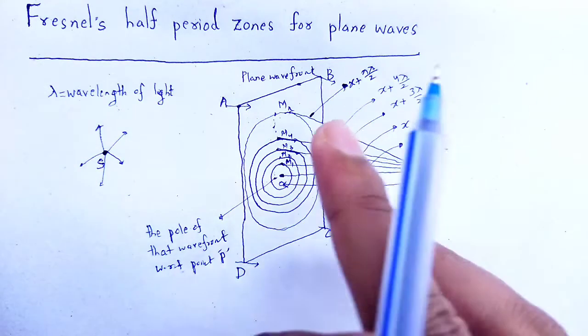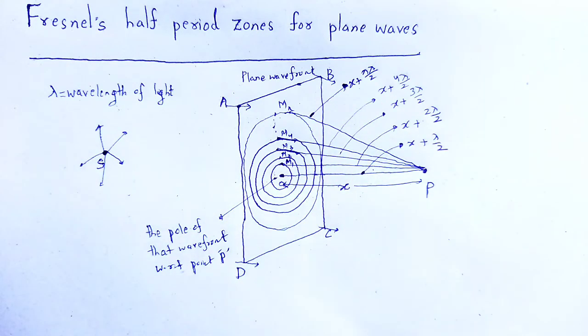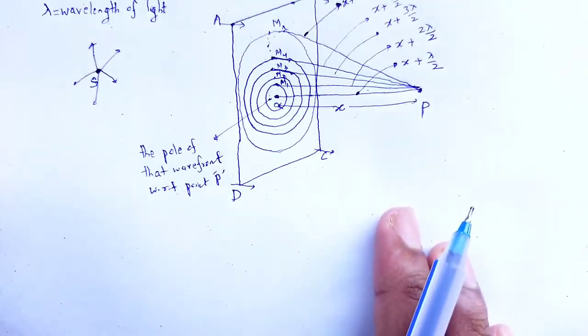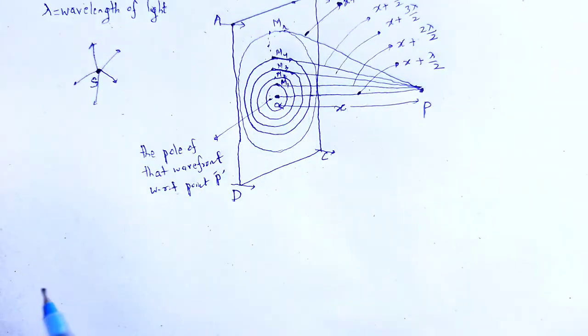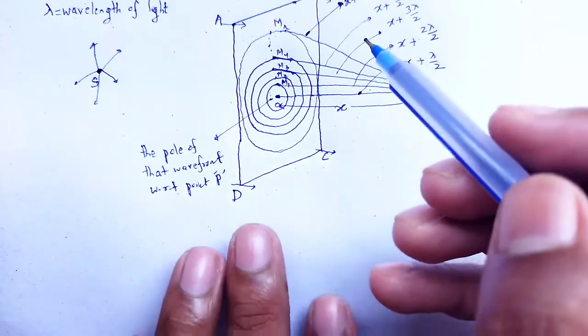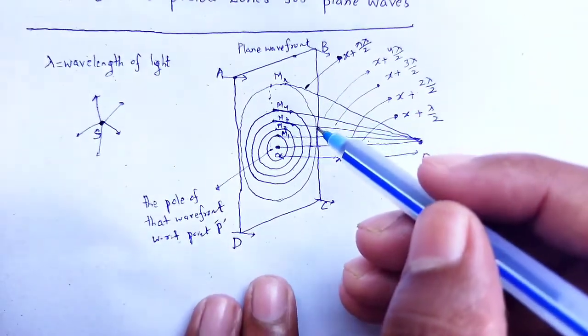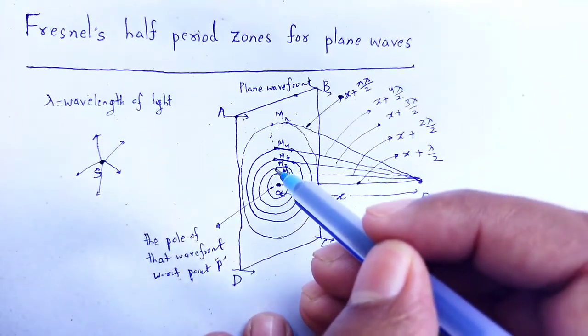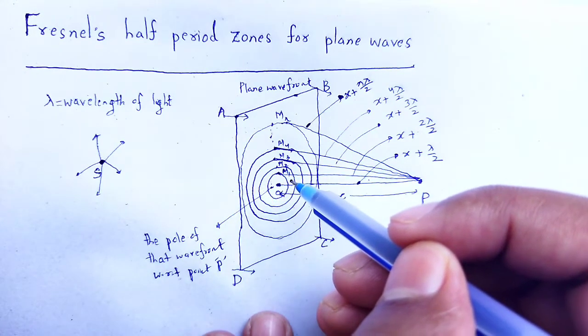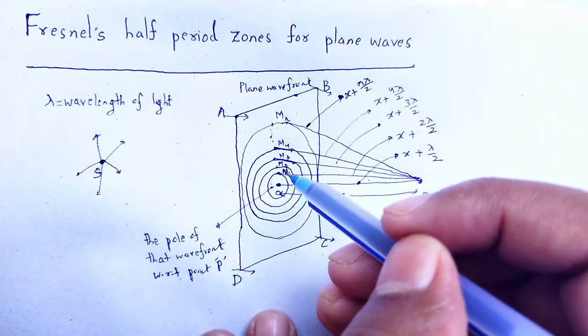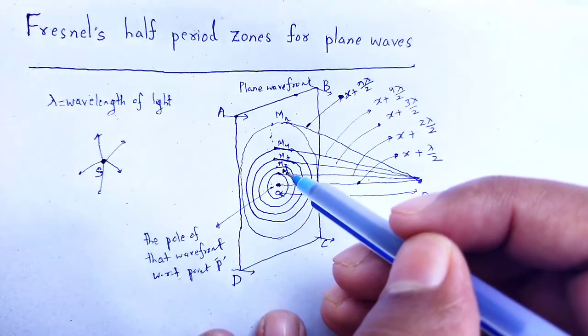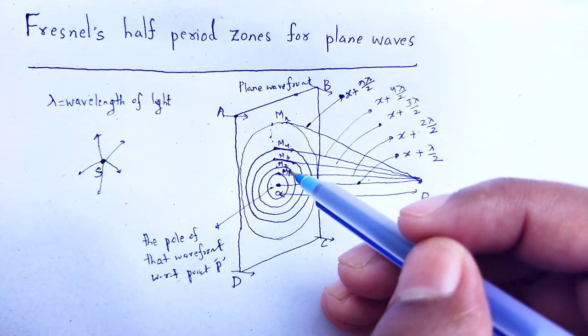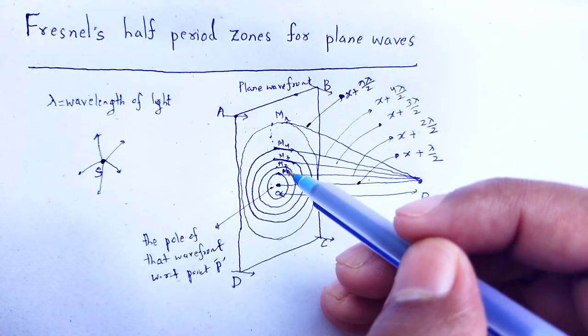Why did we name them half period zones? Look at that particular figure. The area in between two spheres is called the half period zone.